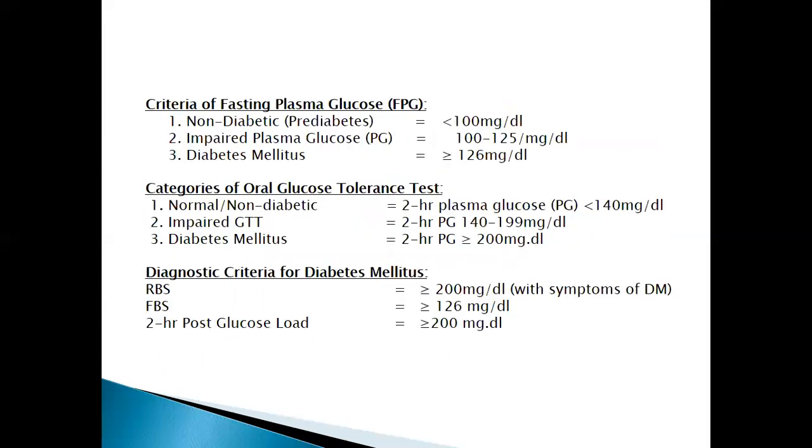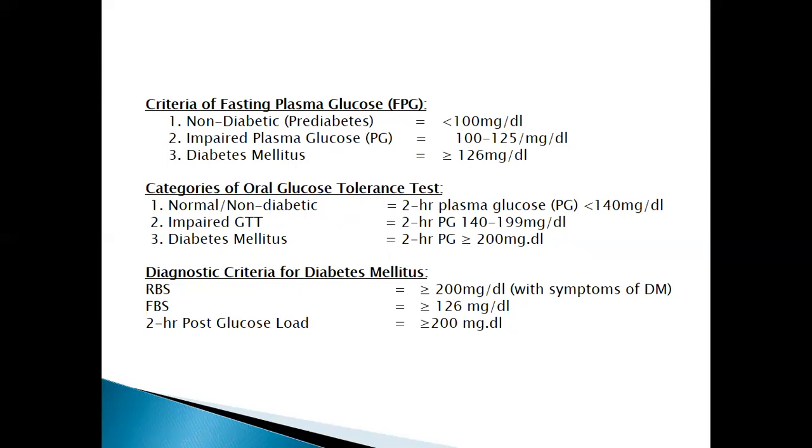So these are the criteria for fasting glucose. A normal level would be less than 100. A level of 100 to 125 milligrams per dL is considered impaired plasma glucose. Diabetes would be 126 milligrams per dL or more.